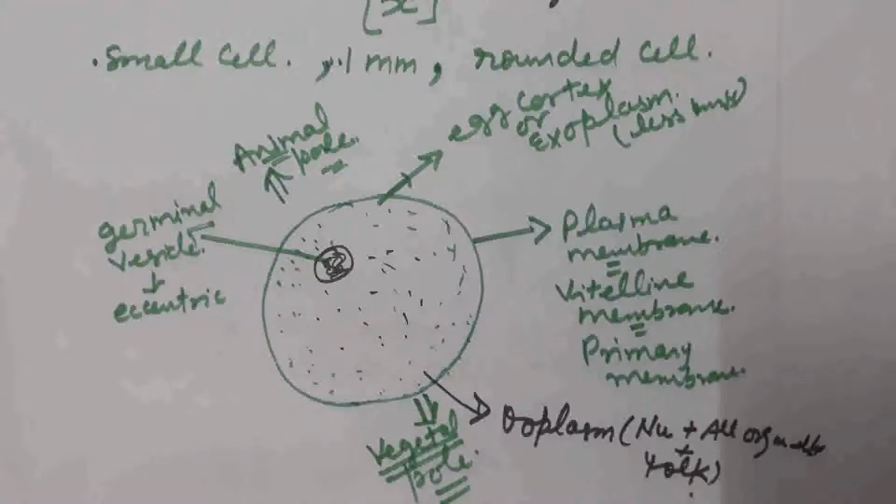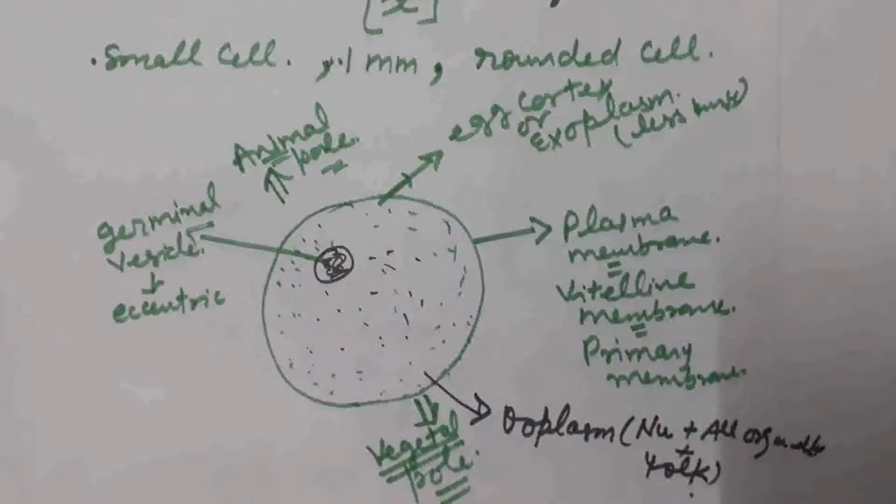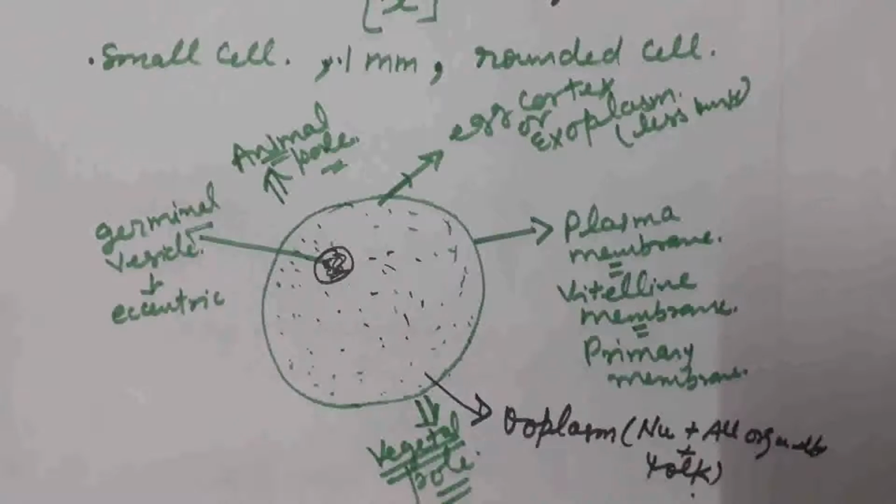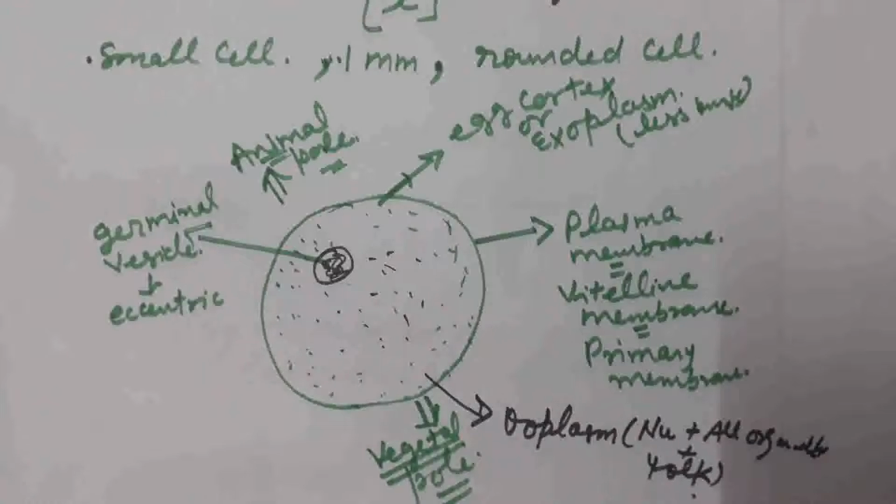Besides the plasma membrane or vitelline membrane, which is the primary membrane secreted by the egg itself, there are other membranes present around the plasma membrane. The second membrane present around the egg cell is known as the zona pellucida. Zona pellucida is secreted by the follicular cells.